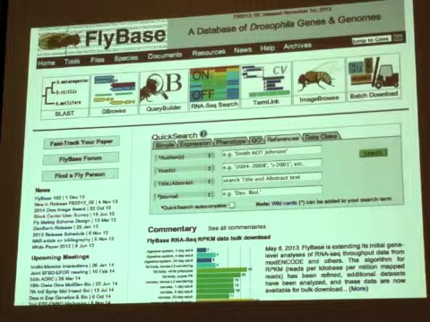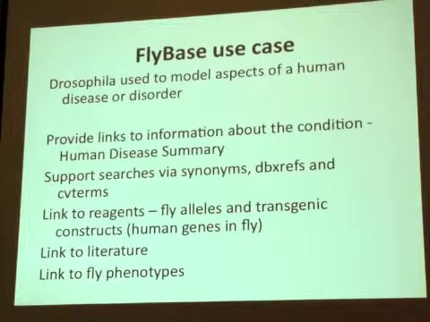But then we also felt, our curators also wanted to have a way to allow people who might not be that familiar with the fly as the model system to access it. Our nomenclature and the information that we curate about alleles and their phenotypes can be somewhat opaque to people who are not familiar with the fly as a system.